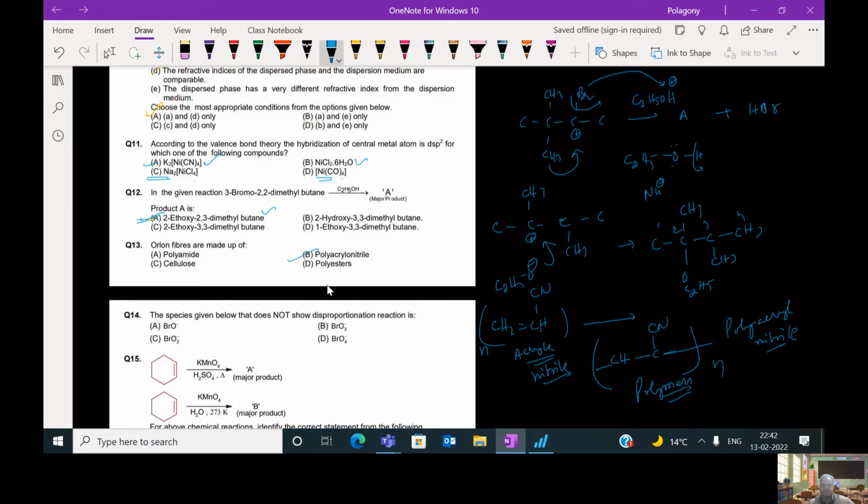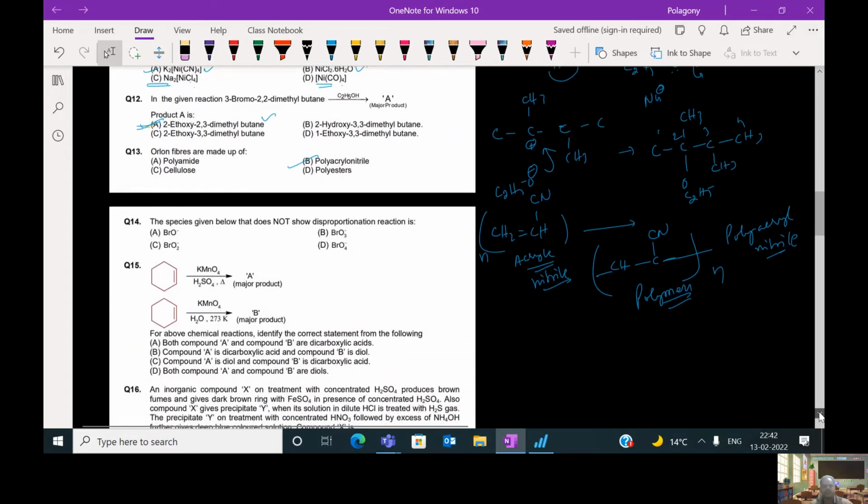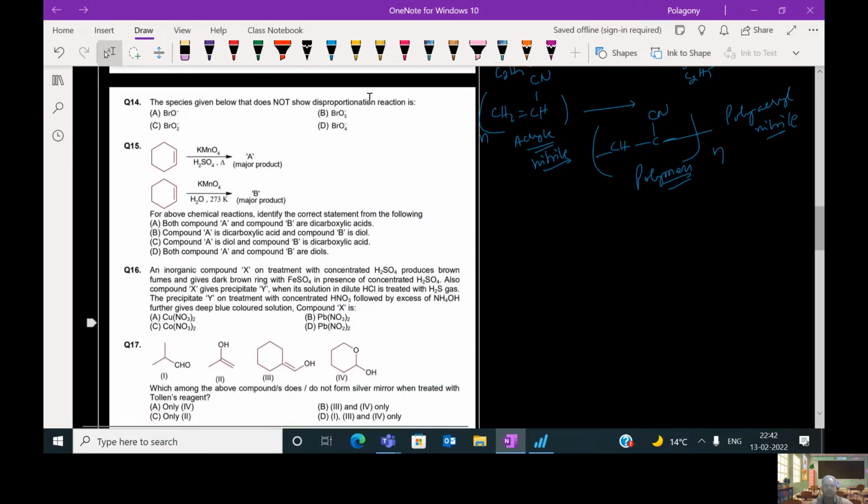Right. Now we'll move to question number 14. The question: the species given below does not show a disproportionation reaction.